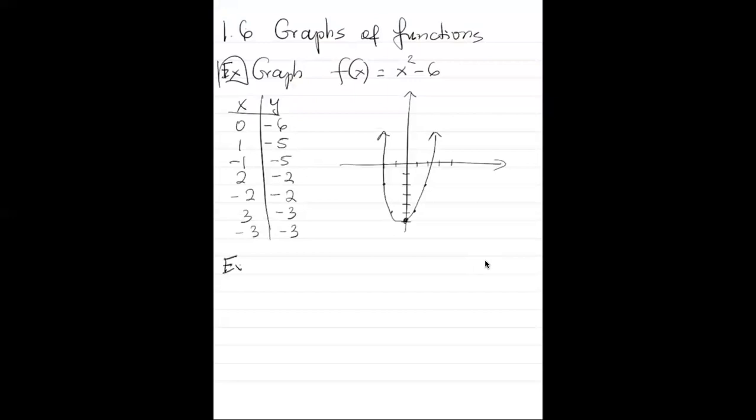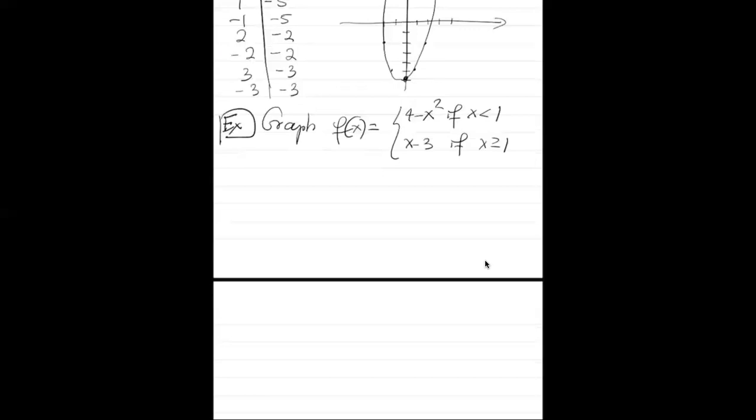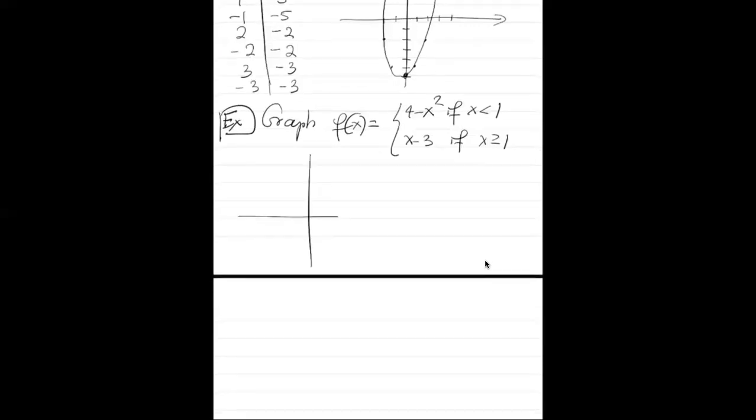Another example will involve a piecewise function. So let's graph f of x equals 4 minus x squared if x is less than 1, and x minus 3 if x is greater than or equal to 1. We graph this piecewise function by first graphing the first branch.